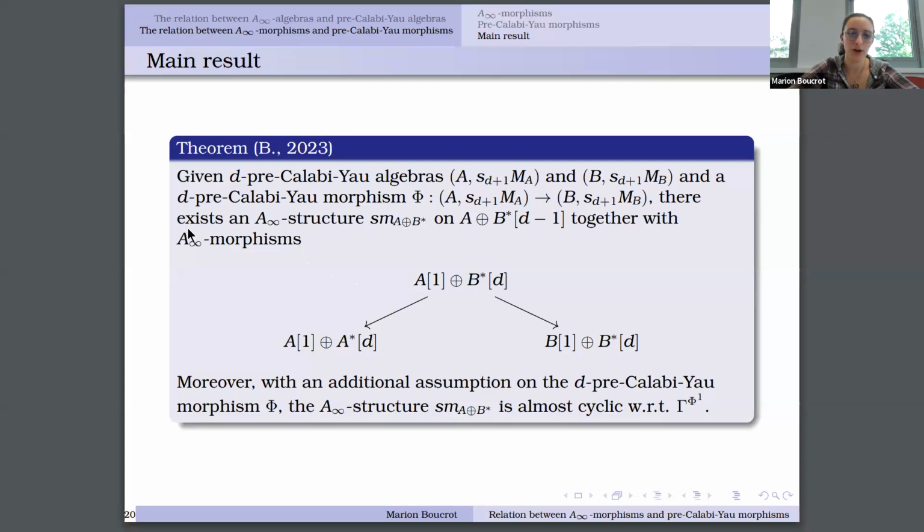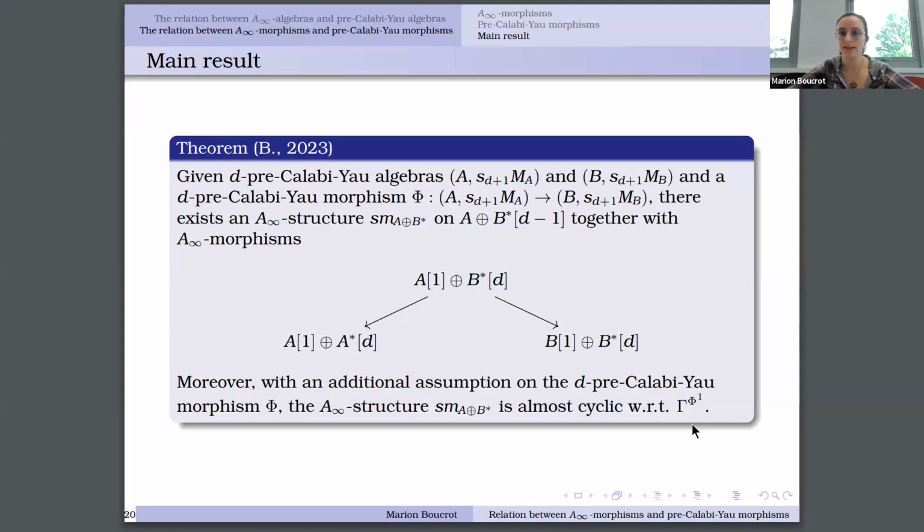So note that here the infinity morphisms constructed are not strict anymore, and the infinity structure is not almost cyclic in general, but one can add some assumption on the deep pre-Calabi-Yau morphism in order to have a cyclic infinity structure, which will be almost cyclic with respect to gamma of phi 1. So phi 1 is the first component of the deep pre-Calabi-Yau morphism that just goes from A to B. And so it makes sense to talk about the phi 1 mixed bilinear form.